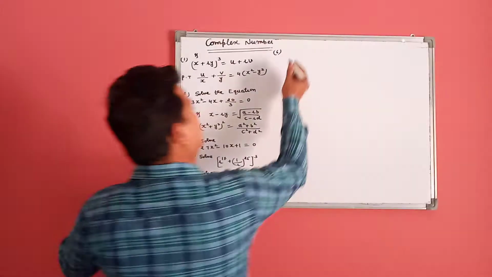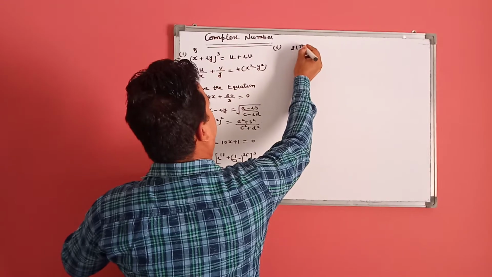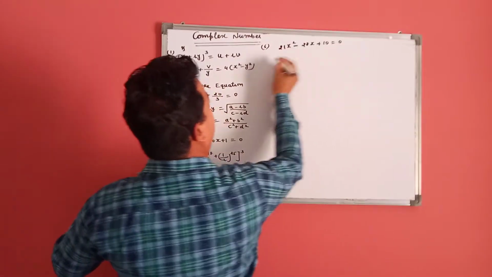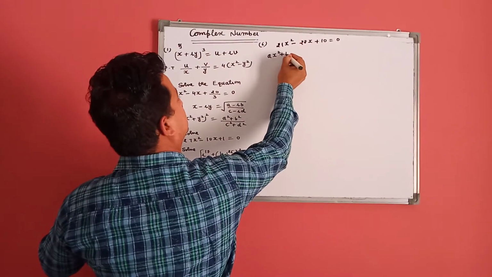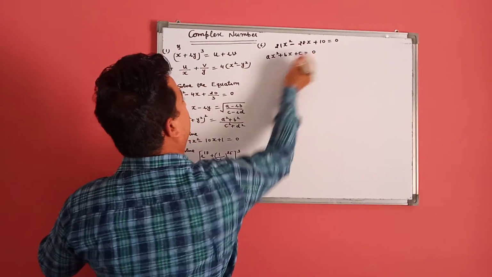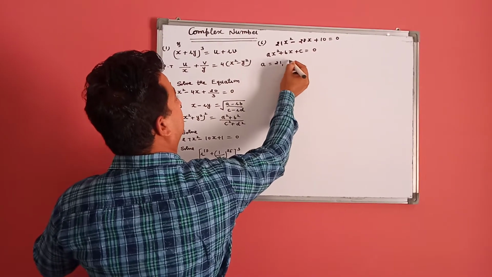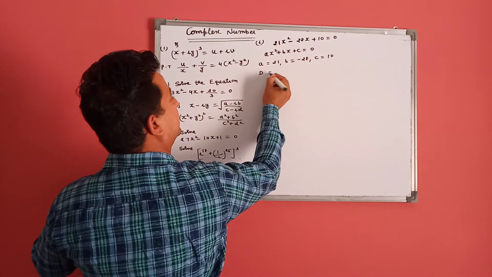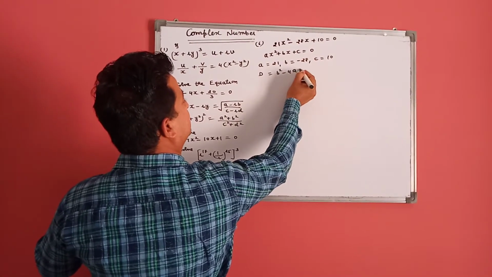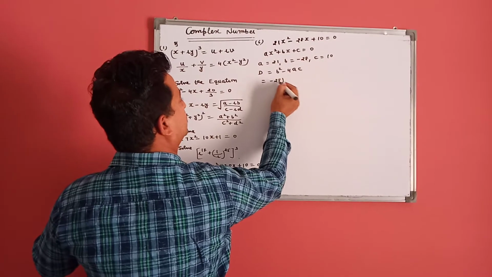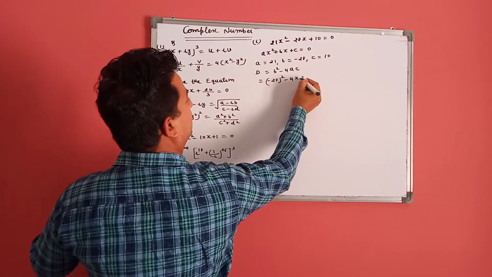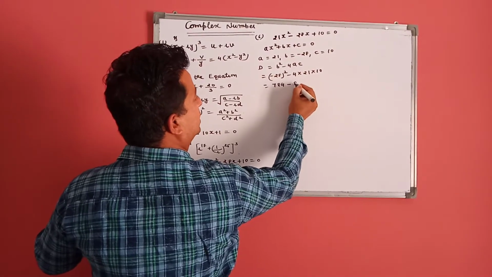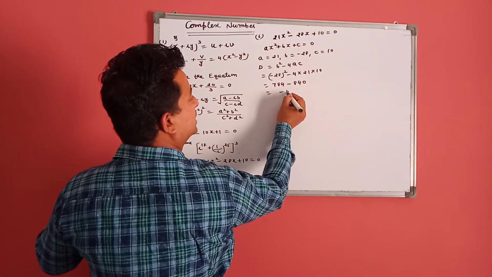In question number 6th, the statement is 21x square minus 28x plus 10 equal to 0. Compare this with ax square plus bx plus c equal to 0. Then a is 21, b is minus 28, c is 10. Discriminant D is b square minus 4ac. b square is 28 whole square, 4 a into c is 840. 784 minus 840 becomes minus 56.